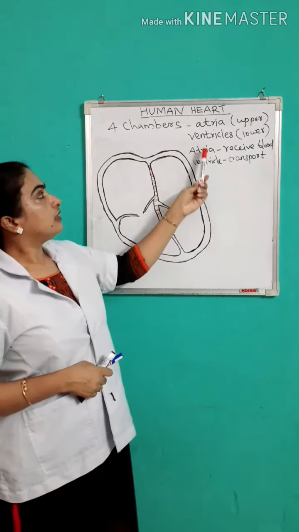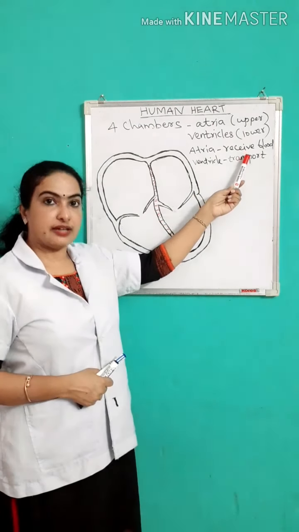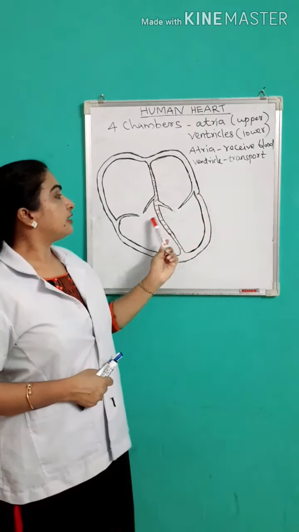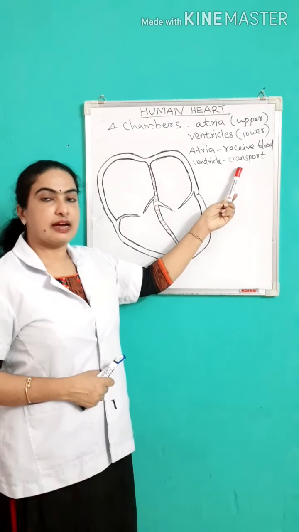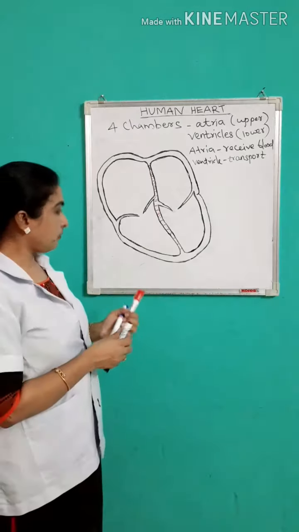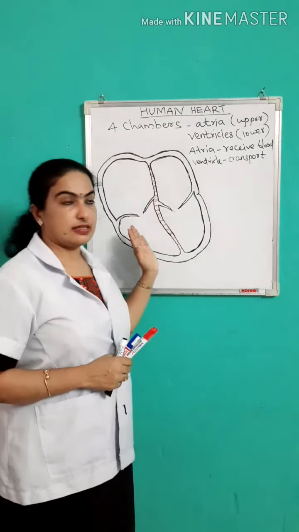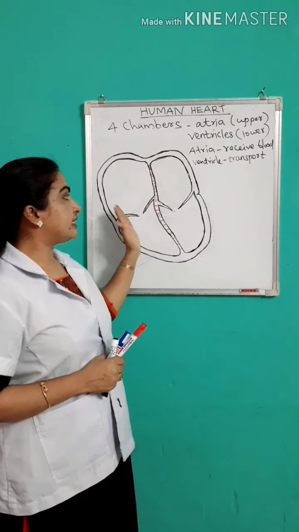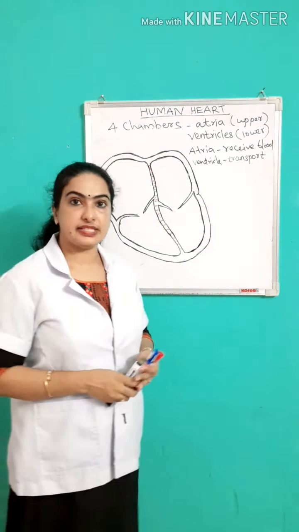Once more, the upper 2 atria always receive blood to the heart and the lower 2 ventricles always transport blood from the heart. And now we can see which are the 2 sides. That means which is the right side and which is the left side of the heart. How can we determine the sides?